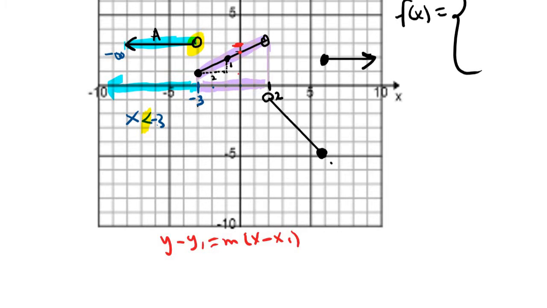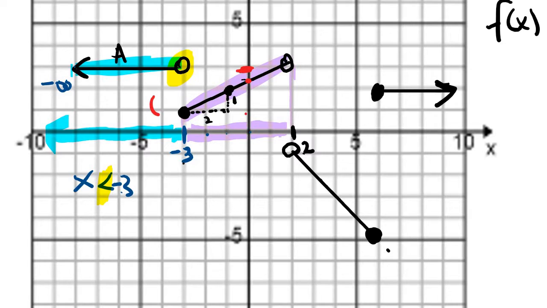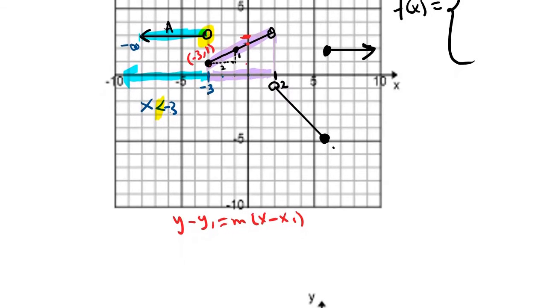Now, I know the slope is 1/2, so m is 1/2. And I know for sure this point is at -3, 1. So I'm going to use that to find the equation using the point slope formula.